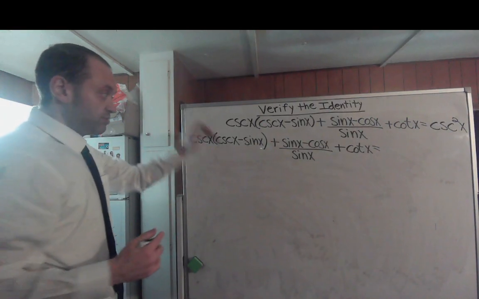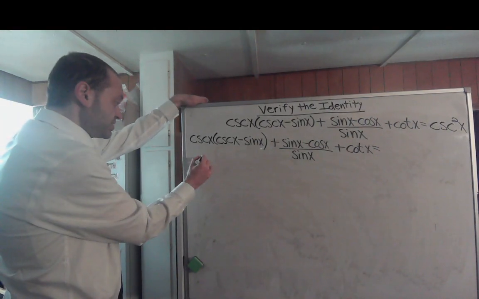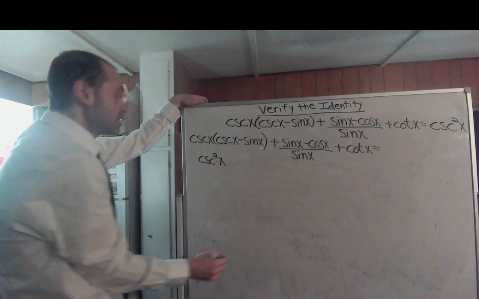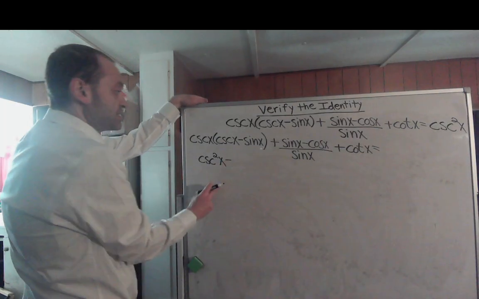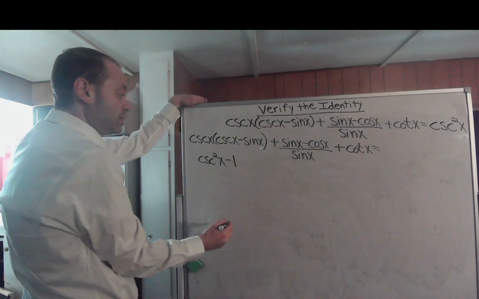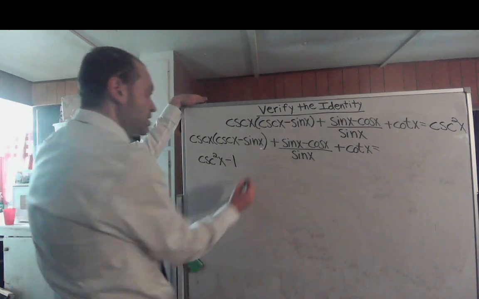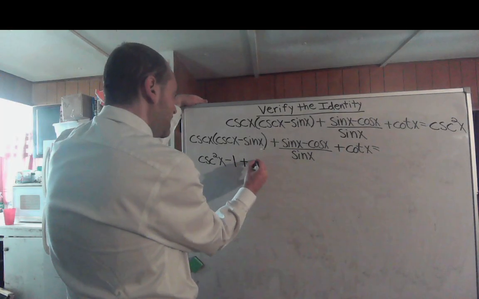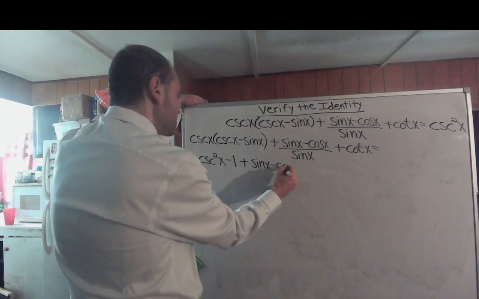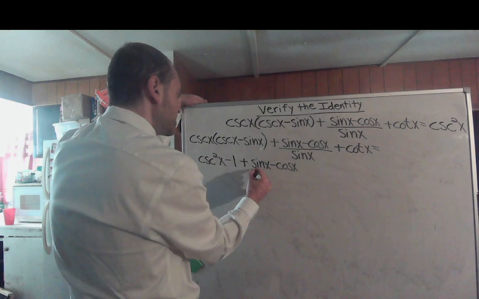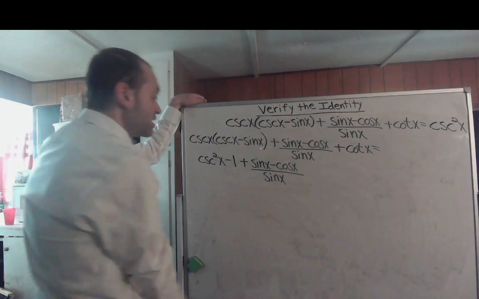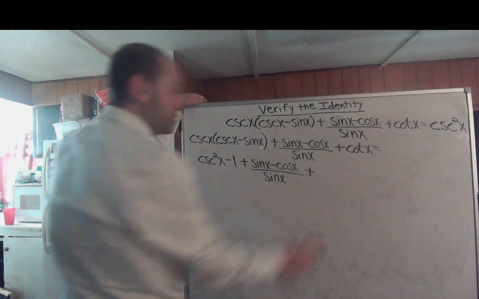Well, let's distribute first. Cosecant times cosecant, that's cosecant squared of x minus, now cosecant and sine are reciprocal, so that would just be minus 1, plus then you'll have the sine of x minus the cosine of x all over the sine of x plus what is your cotangent of x?